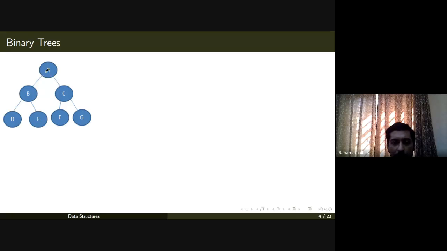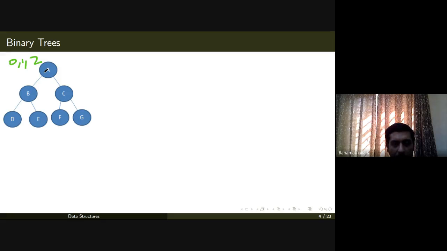For example, for this node A you have degree 2, for B you have degree 2, for C you have degree 2, for these nodes D, E, F, and G you have degree 0. So you can have either degree 0 or degree 1 or degree 2. That is the only possible degrees in the case of a binary tree, and that's the term binary.